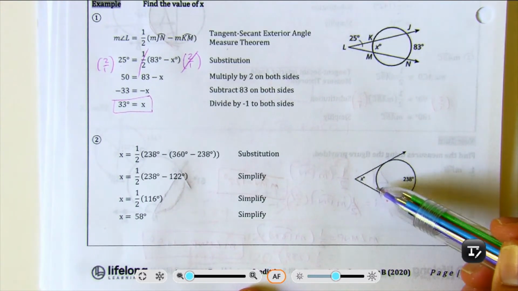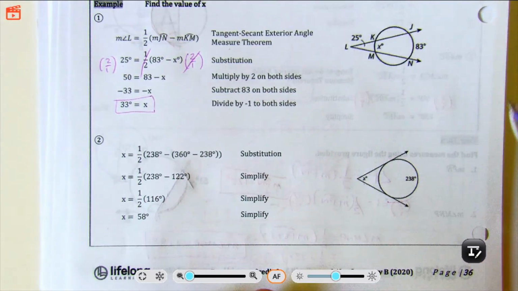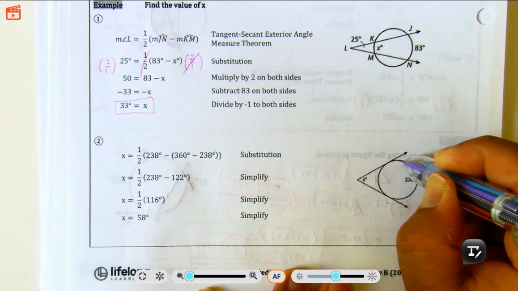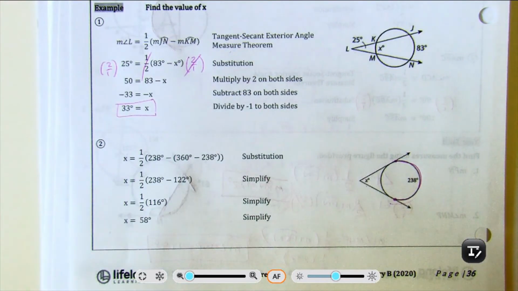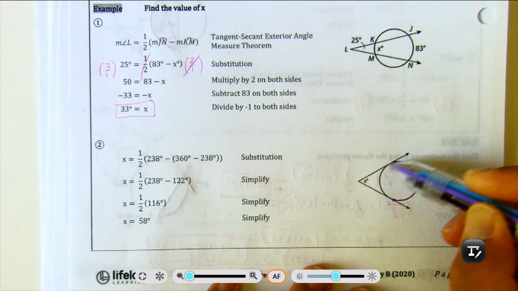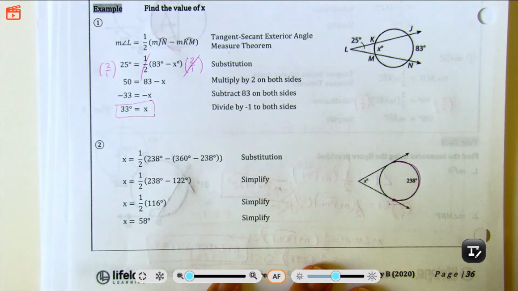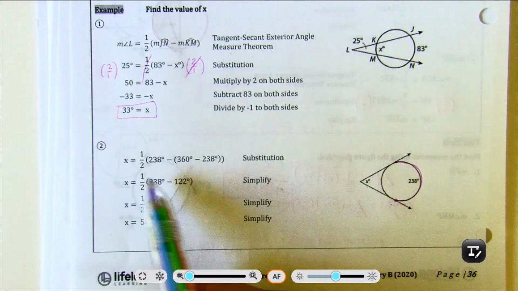Now, the trick is that from this point all the way across to this point is 238 degrees. Knowing that a circle is 360 degrees, we could find this other arc by subtracting 238 from 360. And that's what they did here when they did the setup. That's why you see 360 minus 238.